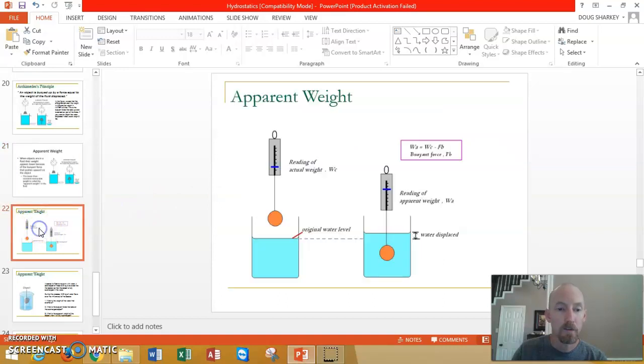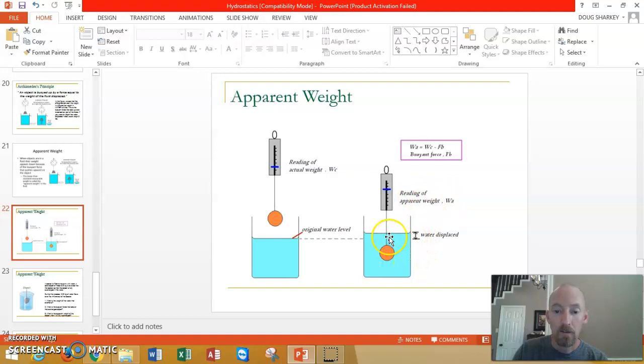So the math is very easy. There's an actual reading before you put it in the water, so it has an actual weight. When you put it in the fluid, the reading on the scale goes down, and that's called the apparent weight.